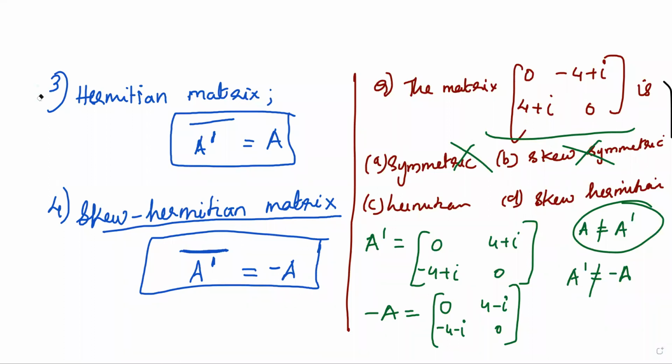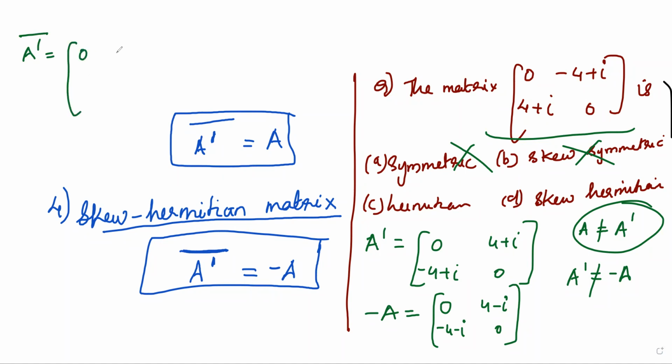Now check whether it is a Hermitian matrix. How to check whether it is a Hermitian matrix? You have to take A transpose, then conjugate. A transpose is already written. Then take the conjugate of A transpose.